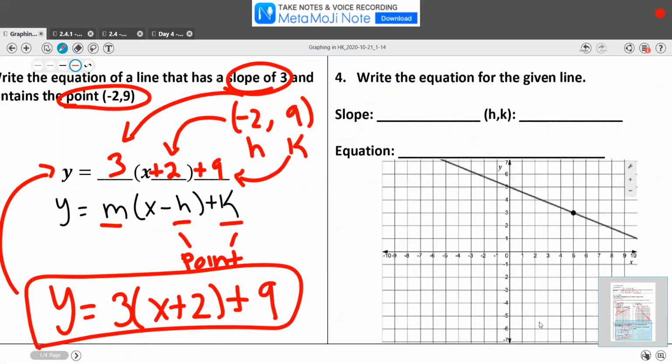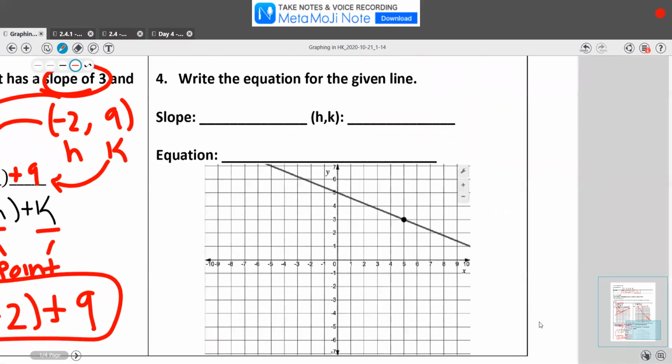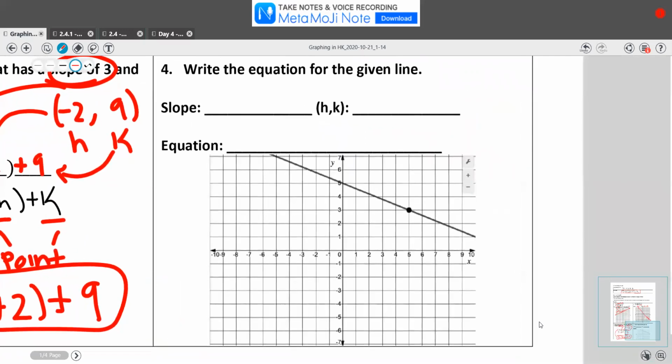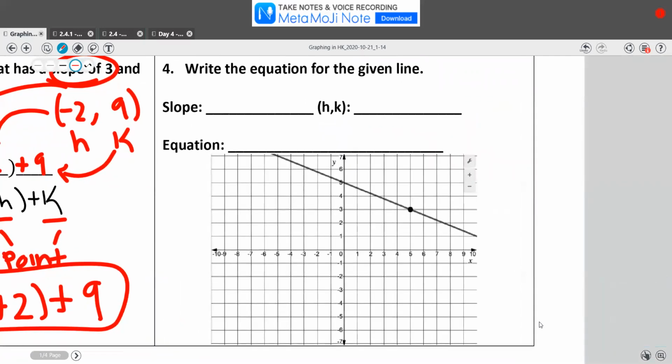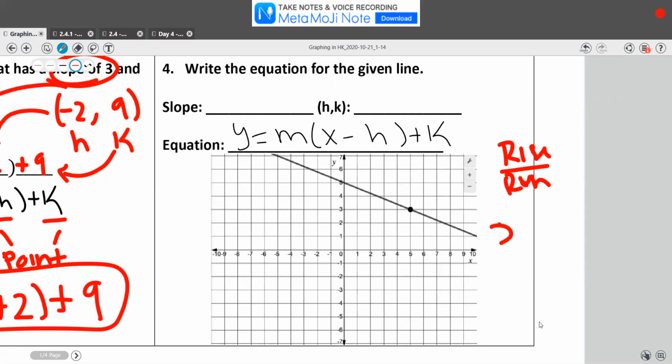Let's do another example. Number 4, we're going to write the equation for the given line. Same thing, I'm looking to create an equation: y equals m(x minus h) plus k. All right, well, we have to look for our slope. Remember that our slope is rise over run, or down over run.